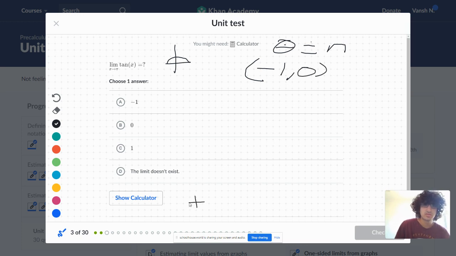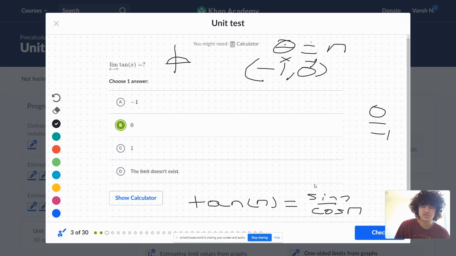So tan of pi equals sine over cosine, so sine of pi over cosine of pi. Sine of pi is 0, over negative 1. So this expression equals 0 because 0 over negative 1 is just 0.